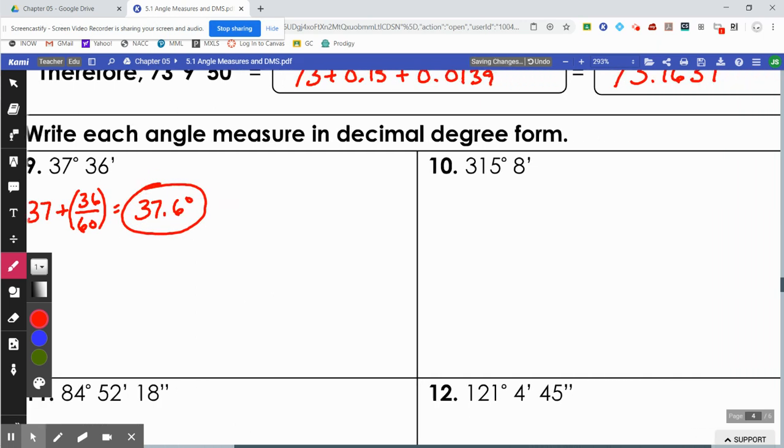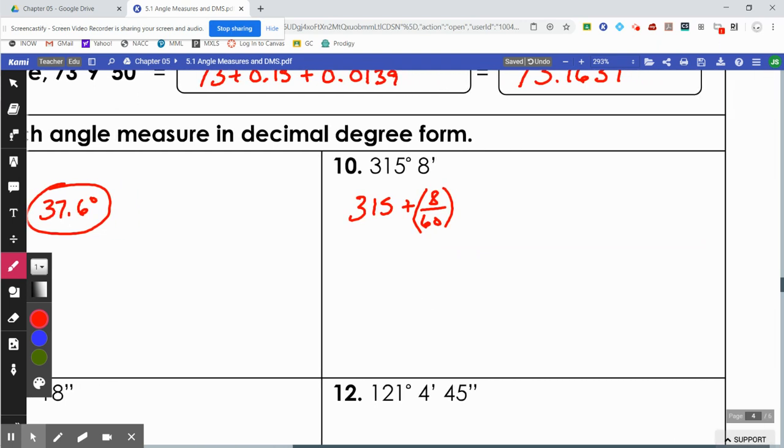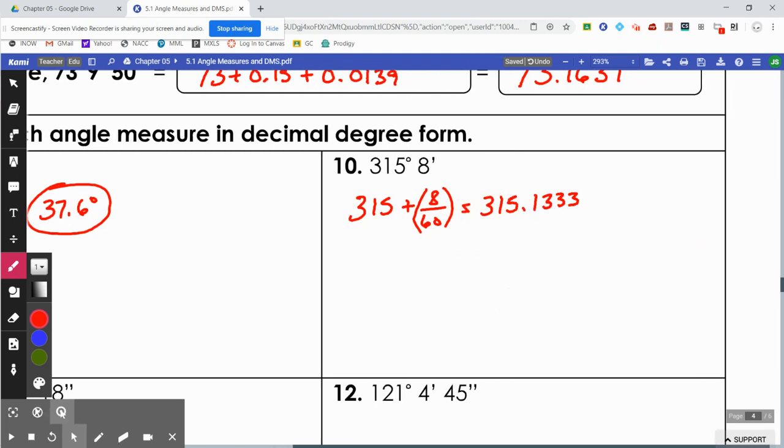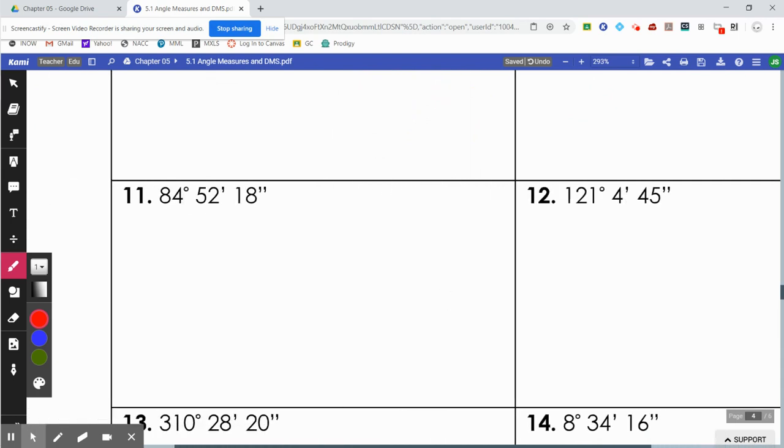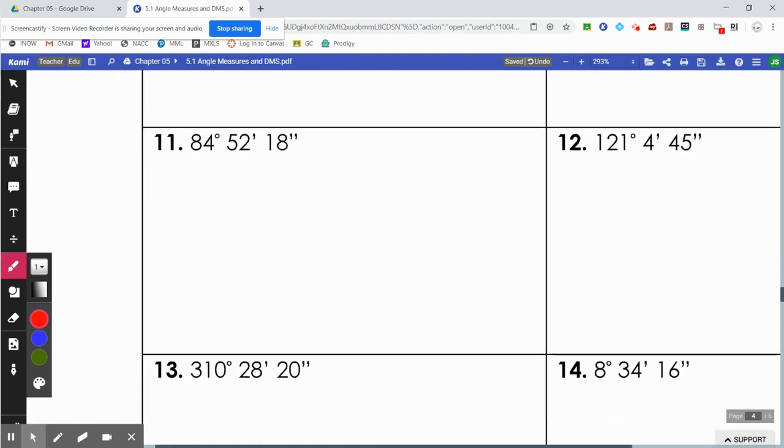The next one, 315 degrees plus 8 minutes would be 8/60ths of another degree. Make sure you put that in parentheses if your calculator does not know order of operations, and you're going to get 315.1333 degrees.